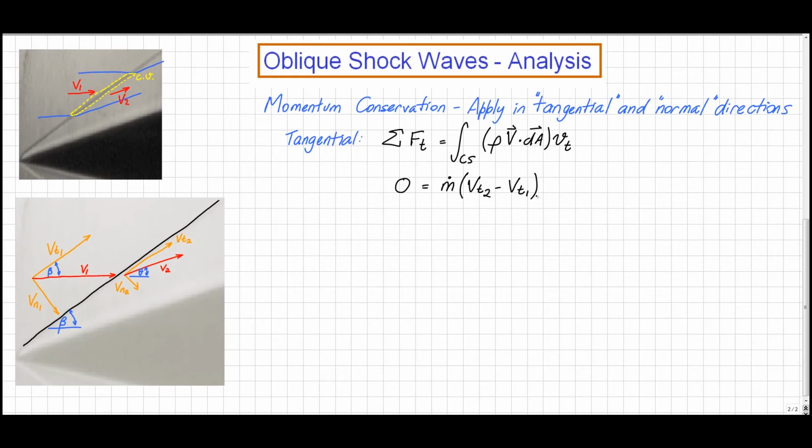So immediately coming out of this, we're going to get a relationship which is going to say that the velocity component tangential to the shockwave downstream minus the velocity tangential upstream must be 0. So therefore, there's no change in the tangential component across the shockwave. So VT2 is equal to VT1. So this is the first important result. Very important result. Put a nice little exclamation mark there.